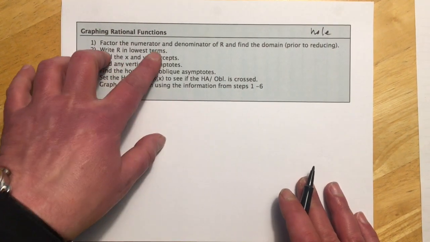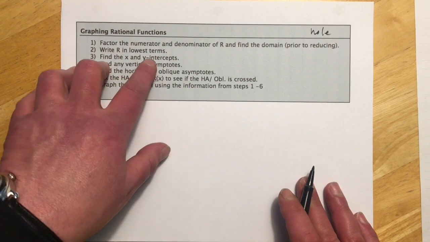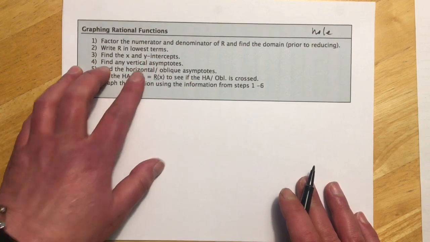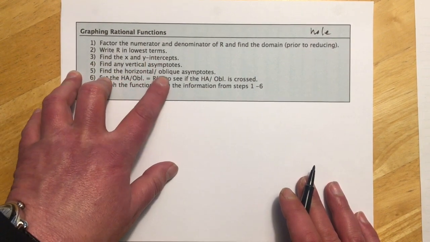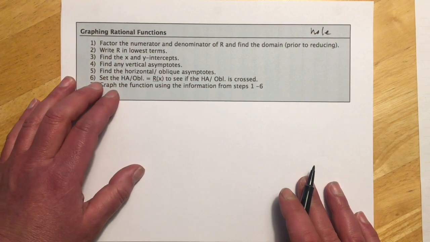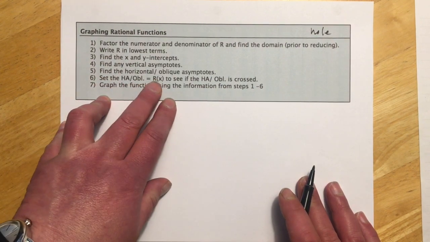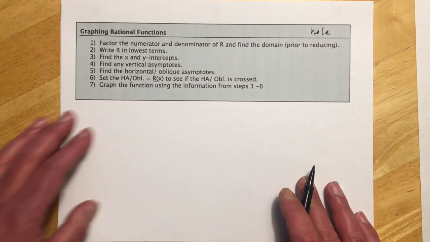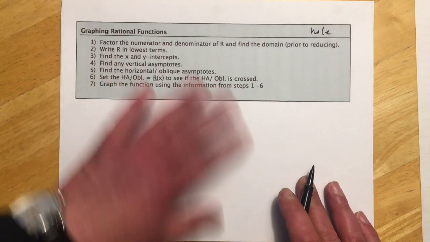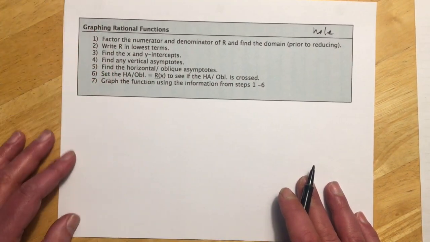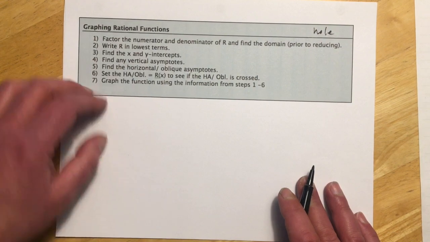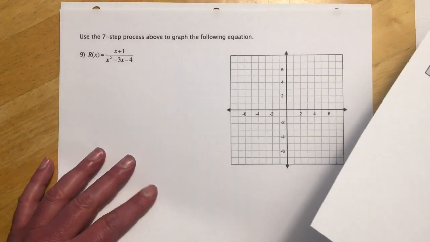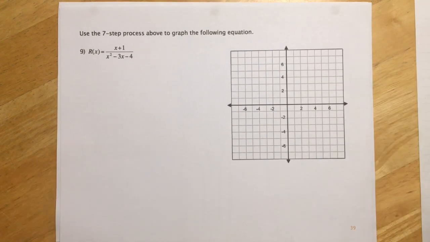So we write r in lowest terms, find the x and y intercepts, find vertical asymptotes. We're going to find the horizontal or oblique asymptotes. We're going to set the horizontal or oblique equal to the function and see if it's crossed. And then after we do all that, we're going to use all that information to graph the function. So let's see that with an example.